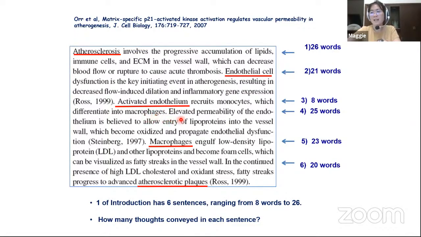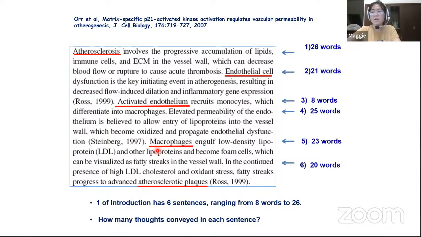And the next sentence: "Elevated permeability of the endothelium is believed to allow entry of lipoproteins into the vessel, which become oxidized and propagate endothelial dysfunction." So that's a complicated process, including the endothelial cells and the macrophages, and it will change the permeability of the cells and lead to damage of the vessel.